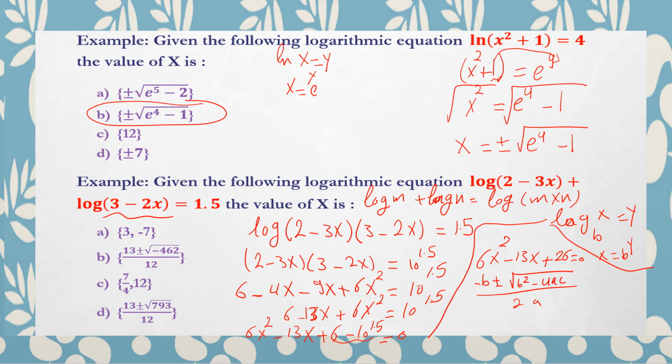And by substituting the values of a, b, and c, we get 13 plus or minus square root of minus 13 squared minus 4 times 6 times 26 over 2 times 6, which equals 12, and this equals 13 plus or minus square root of 793 over 12. So the correct answer is D.